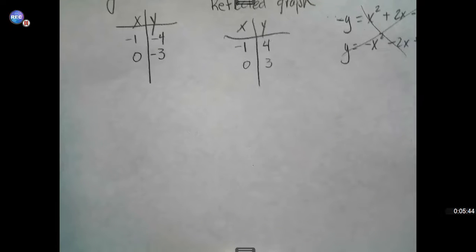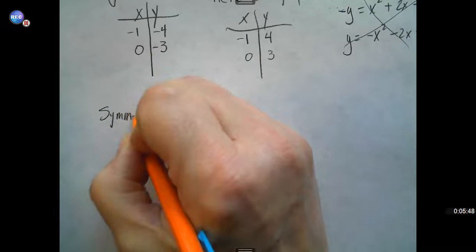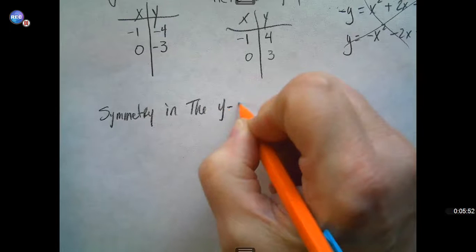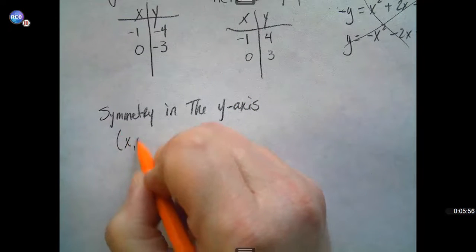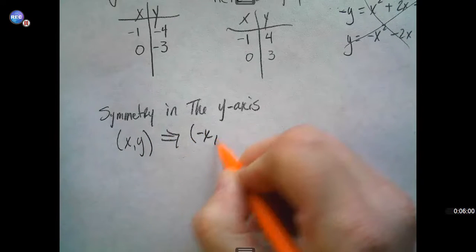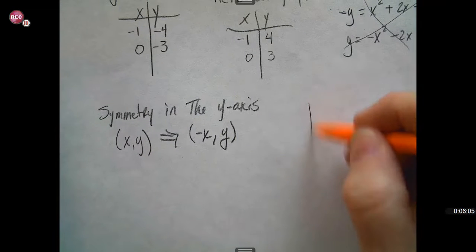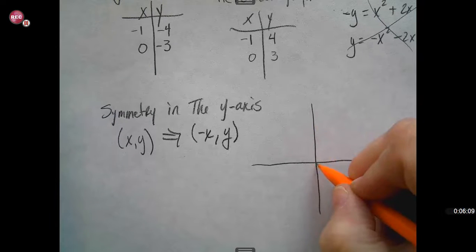So then we can check for symmetry in the y-axis. And you can imagine then (x, y) gets mapped into (-x, y), because graphically what we're doing is we're throwing that thing over the y-axis.